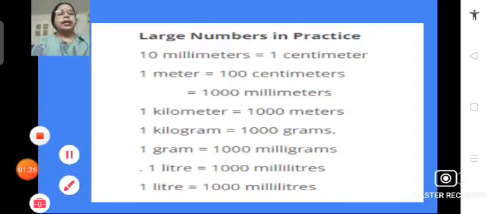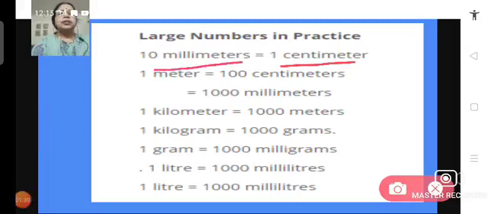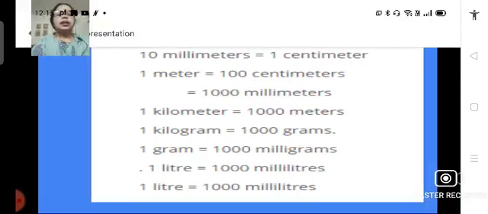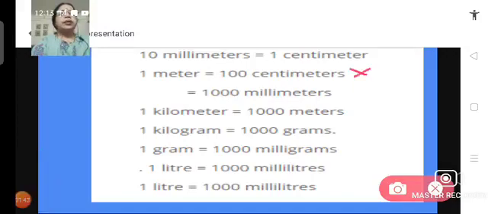Children, we know that 1 centimeter is equal to 10 millimeters and 1 meter is equal to 100 centimeters, and 1 meter will be equal to 100 into 10 millimeters, that means 1000 millimeters.